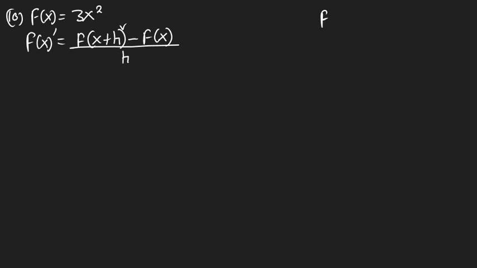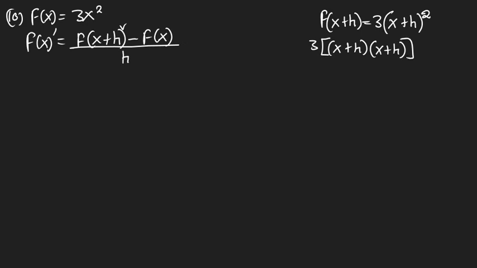So f of x plus h is going to equal 3, and remember, when I'm doing functions, where there is x, you're going to put x plus h, then to the power 2. So this is going to be 3, open the bracket, then you're going to have x plus h, like that.